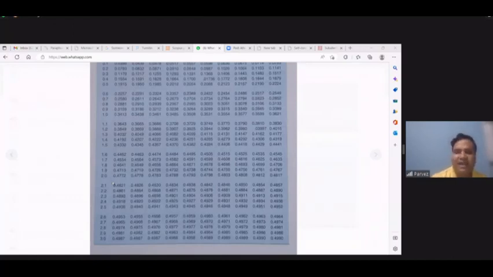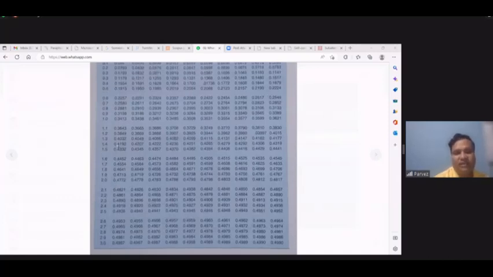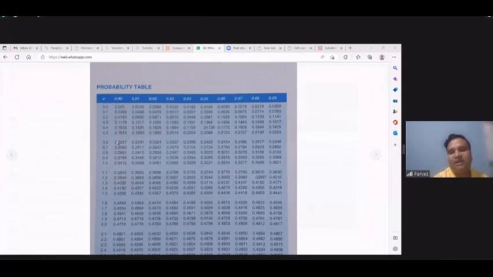Clearly they will mention in brackets the Z value for 1.66. Similarly you can search 0.83, which means 0.8 plus 0.03. Which number is common?